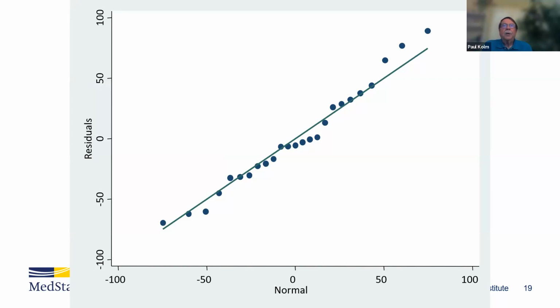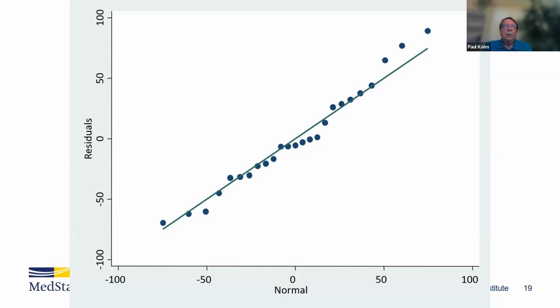But if your QQ plot or Q normal plot looks like this, this is really pretty good. So we would say that we don't really have any kind of problem with the normal distribution of residuals.